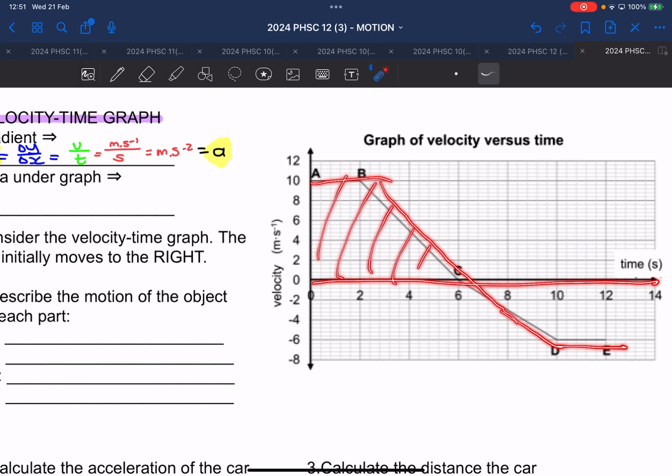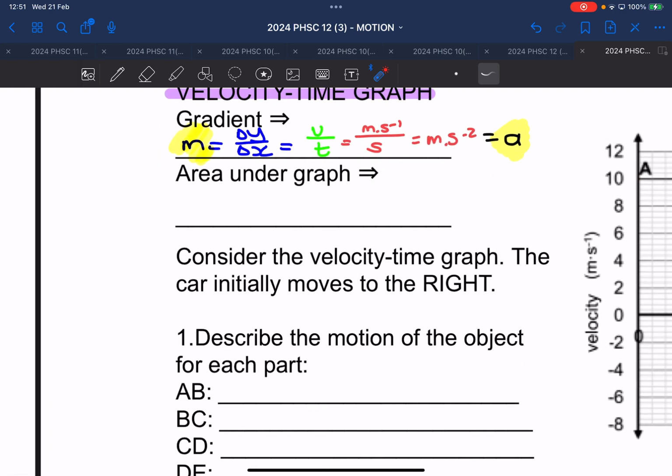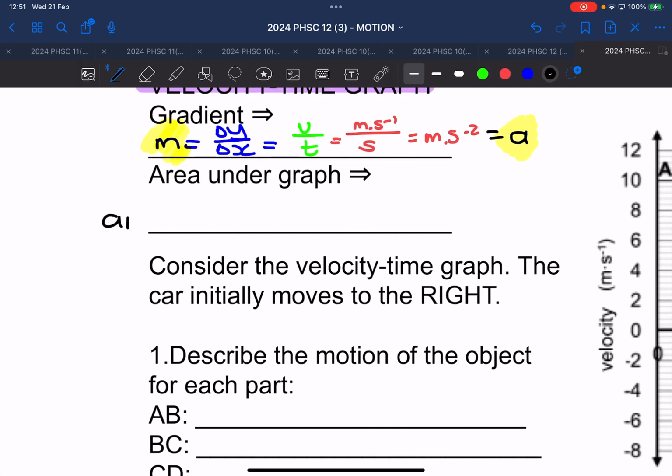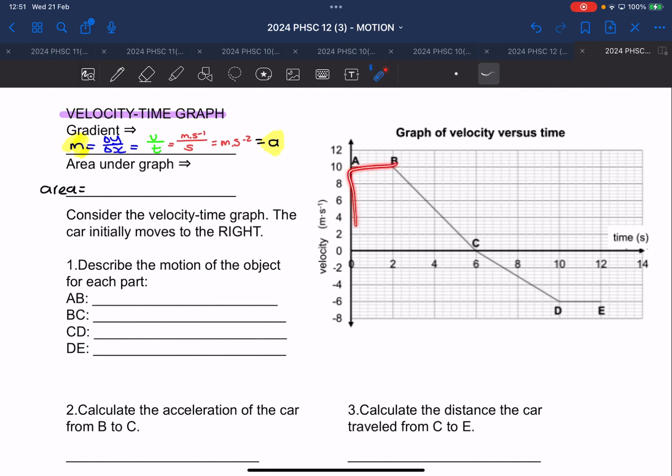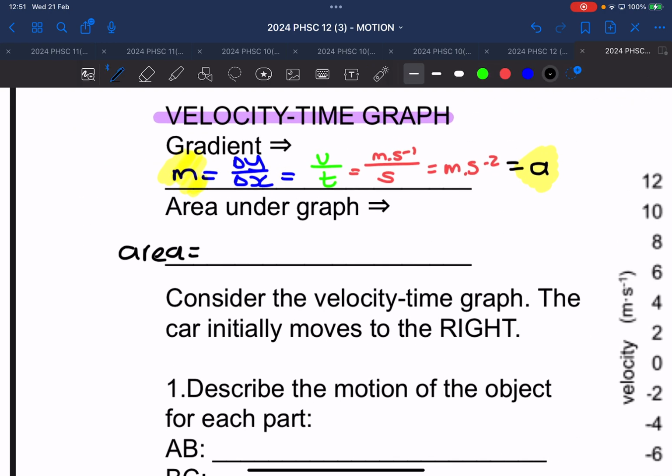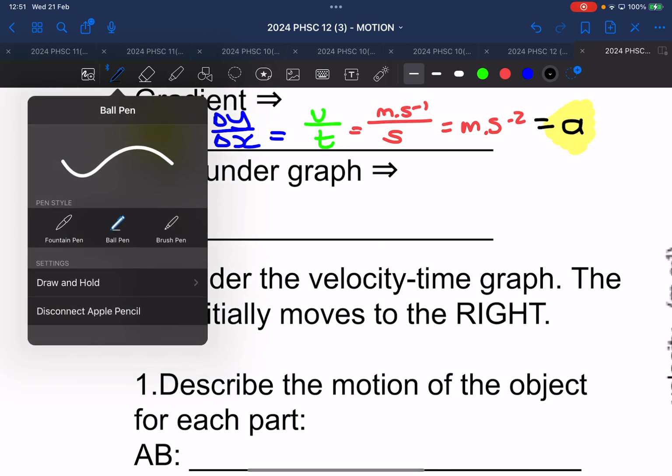So that there is the area under your graph. Okay, now to calculate area, how do we do that again? Area, it's a bit difficult here because we have squares or rectangles and triangles. But you'll get to the same answer, it doesn't matter which one you take. So let's take a rectangle is length times breadth.